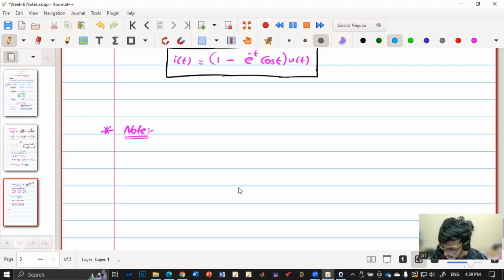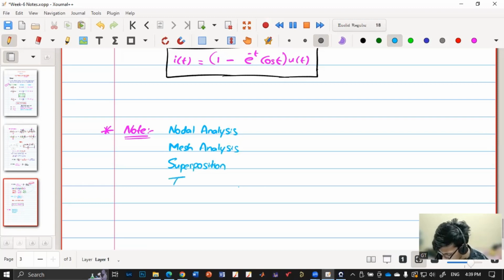You can apply nodal analysis, mesh analysis, and all other theorems that you know are valid: superposition theorem, Thevenin's theorem, Norton's theorem.